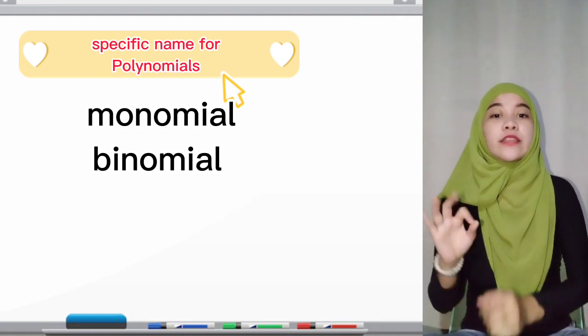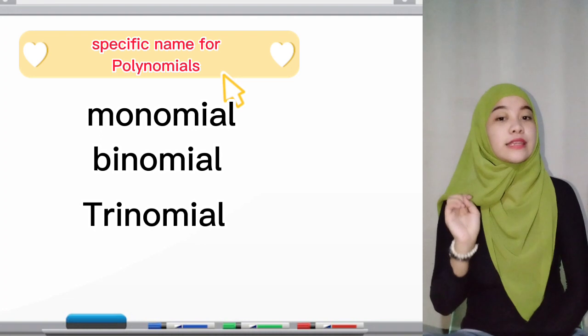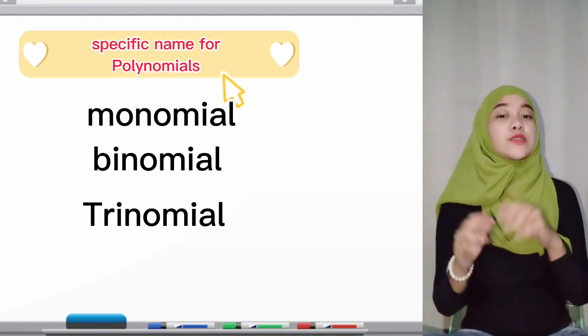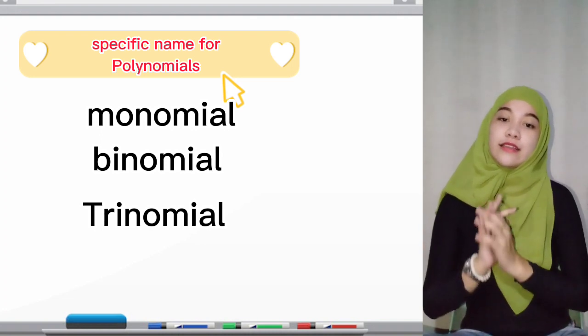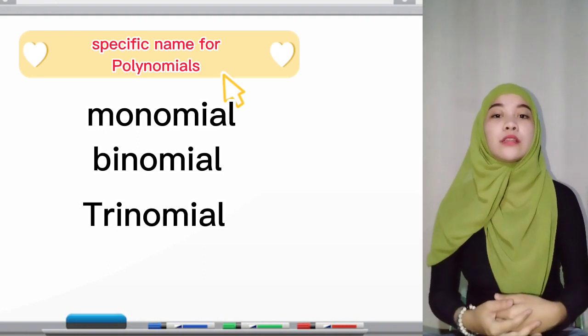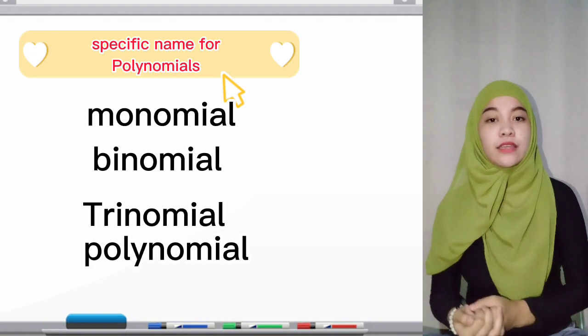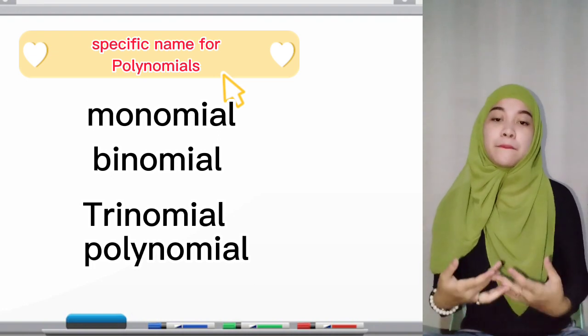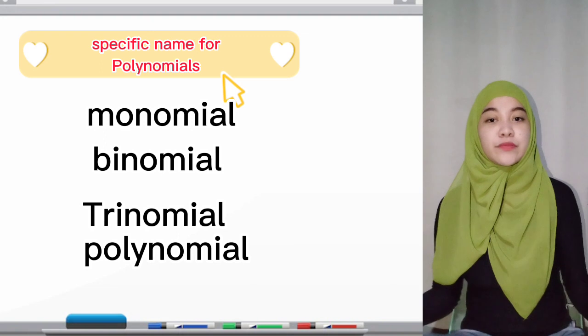If it's three terms, we call it a trinomial, because tri means three. And beyond three, we call it a polynomial, since poly means many.